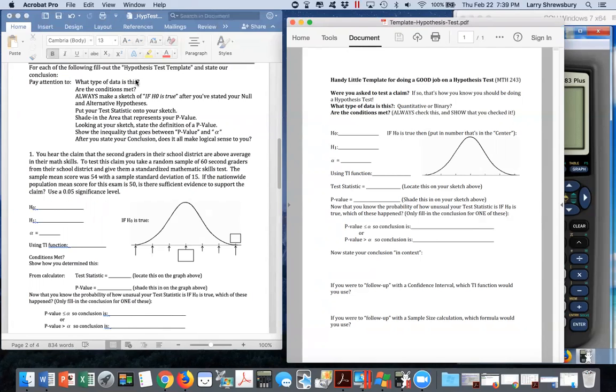Then you ask yourself, what type of data is it? And are the conditions met? Oh, by the way, you already know how to check the conditions. They're the same ones that you had for confidence intervals. So remember the conditions for when you had quantitative data? Well, that's what it is for hypothesis tests. Remember the conditions for the qualitative or categorical data?